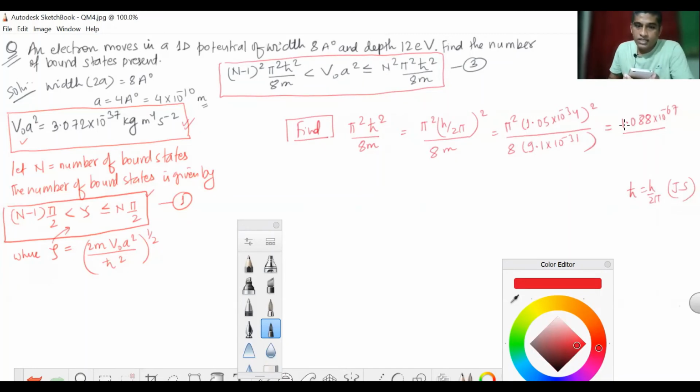The denominator is 7.28 into 10 to the power minus 30. So let us find it, okay, now.